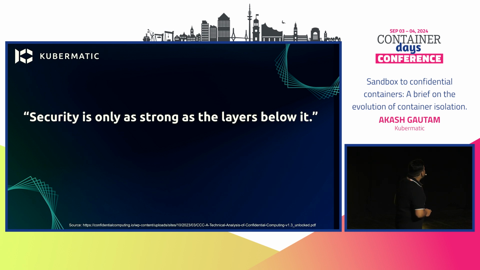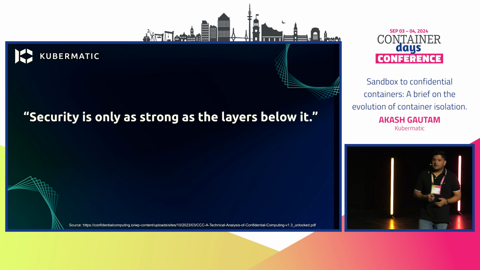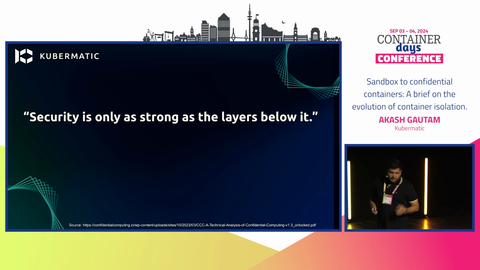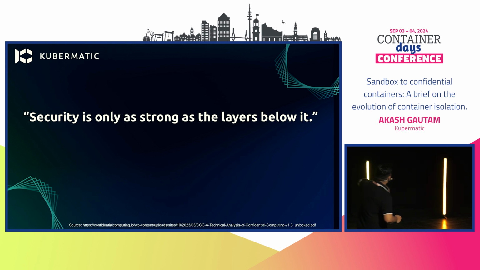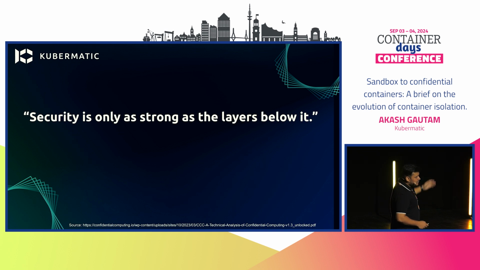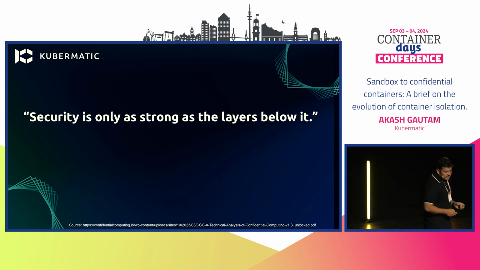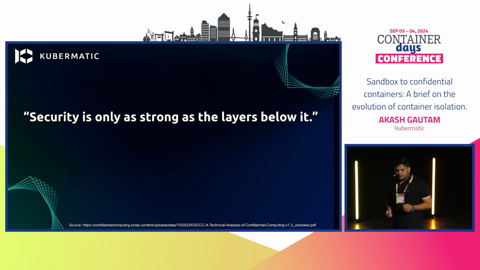And what's the reason behind this? Why do we need to push for maximizing security? Why do we need to push the isolation all the way down to the silicon or the hardware, right? So this quote is from a white paper released by the Confidential Computing Consortium, which is a project group in the Linux Foundation. So this basically sums it up, right?